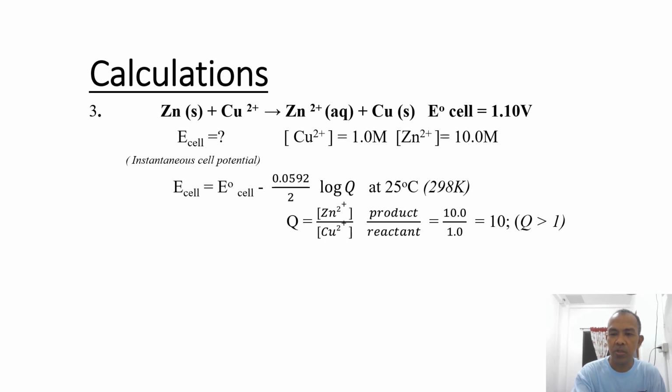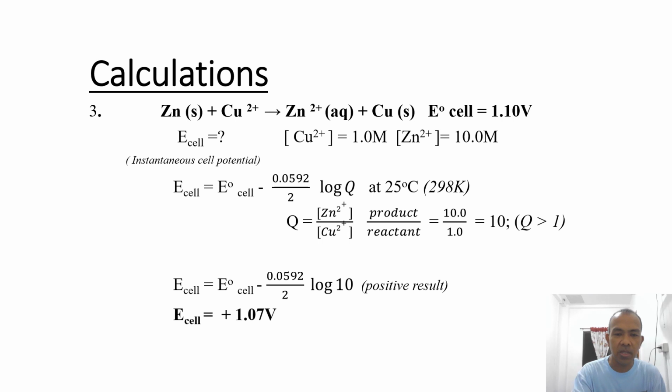So Q is greater than 1, so the logarithm of a value greater than 1 gives a positive result. We will now subtract it from 1.10 volts. The correction term is around 0.03, but I did not compute it exactly. The final result of the instantaneous potential is 1.007 volts.